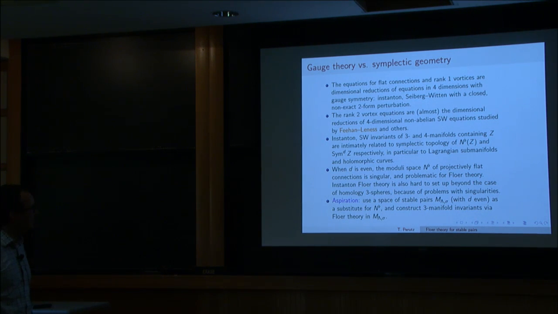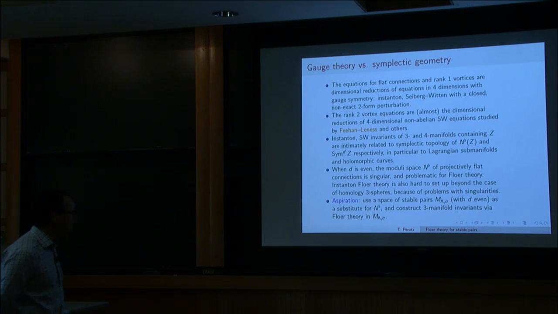Moreover, the instanton Floer theory for 3-manifolds is itself hard to set up beyond a rather restricted case of homology 3-spheres because of difficulties with reducible connections and associated singularities.